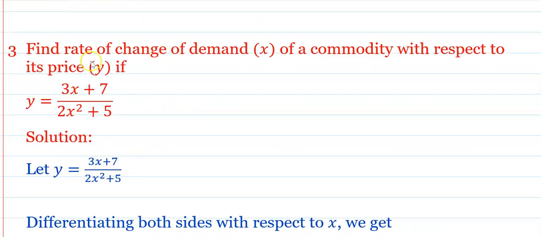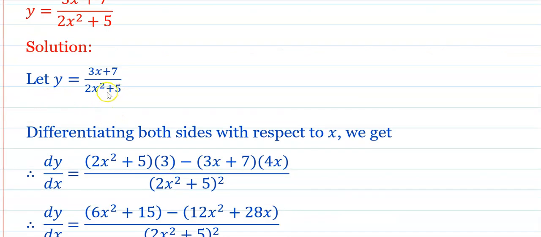Now the next question number 3. Find rate of change of demand x of the commodity with respect to its price y. Y is equals to 3x plus 7 upon 2x square plus 5. Okay, now we will find out the derivative of this y with respect to x using the quotient rule. And what is the quotient rule?